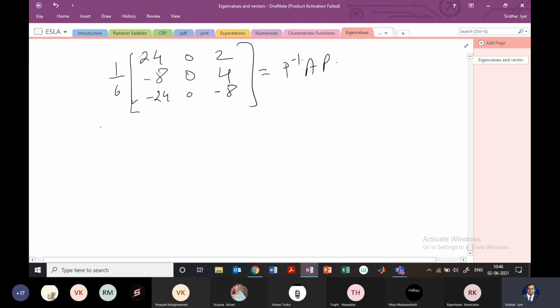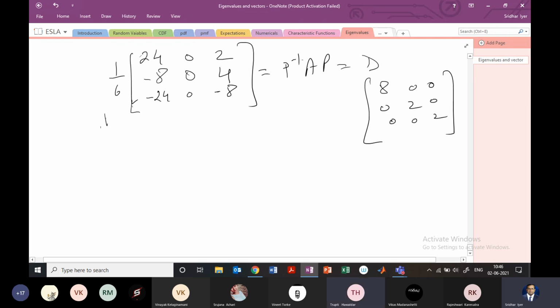Okay. So anyway, if this is the answer, see, P inverse AP should be equal to D, and D is this, right? So obviously, if this is the answer, you can see that on the diagonal we are not getting those values 8, 2 and 2, and the other values are also not matching, right?